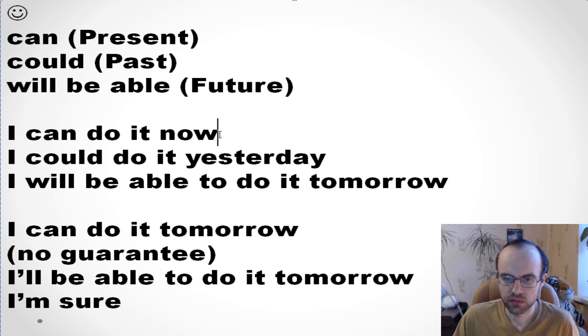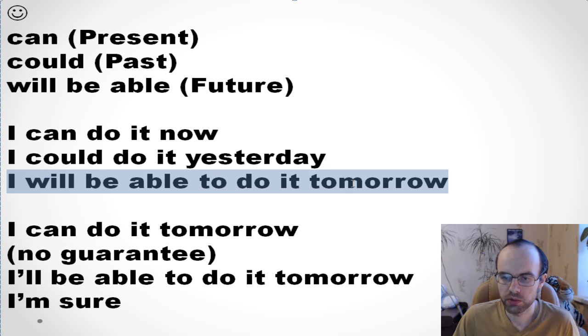So, if you're talking about now, I can do it now, so it's possible for me to do it. If you're talking about yesterday, I could do it yesterday. Yeah, it was possible for me.